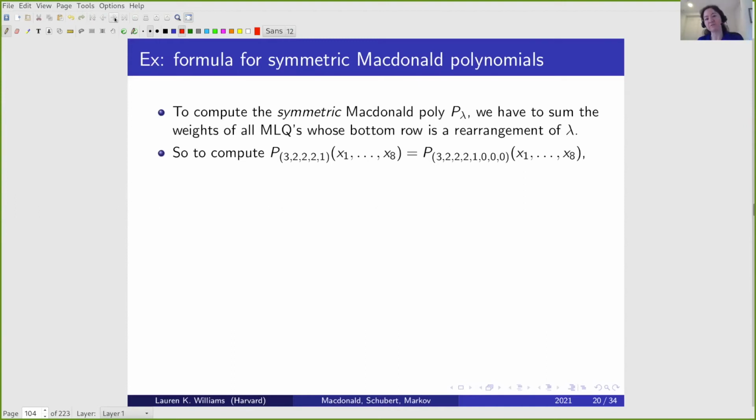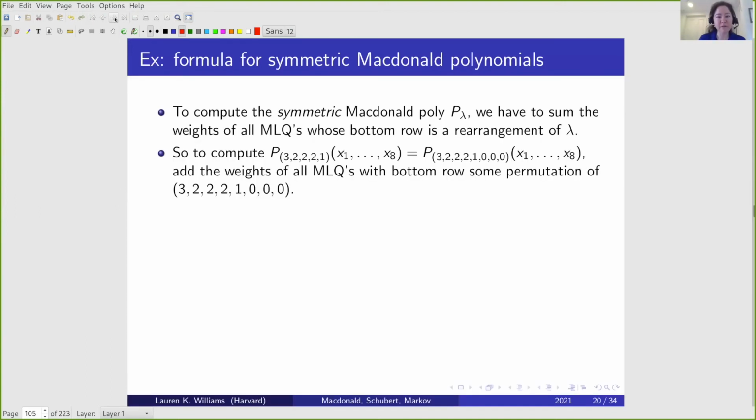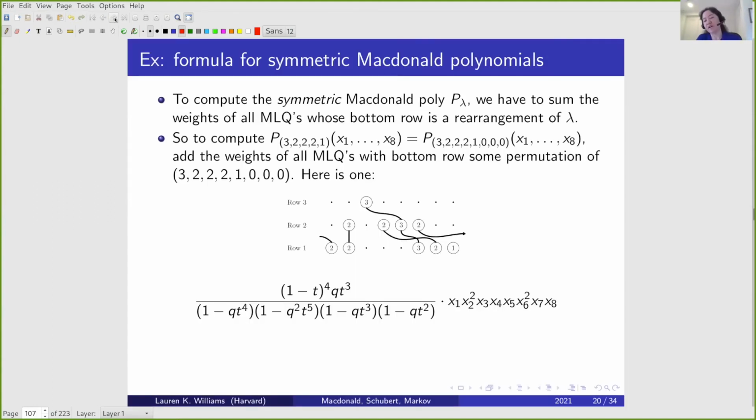So to compute, for example, this Macdonald polynomial, you have to add up the weights of multi-line Qs whose bottom row is any permutation of 3, 2, 2, 2, 1, 0, 0, 0. So this is just one of the terms.